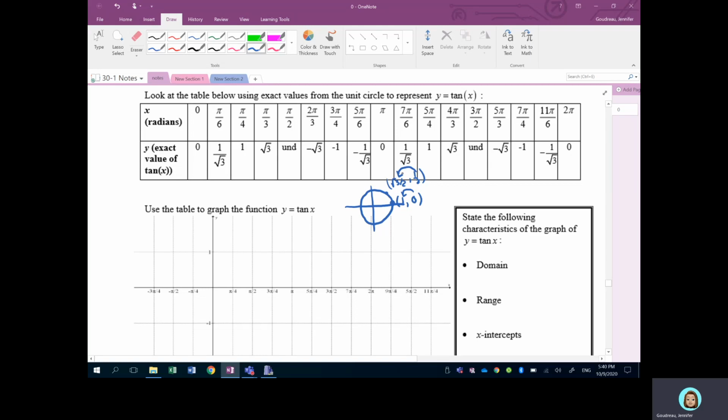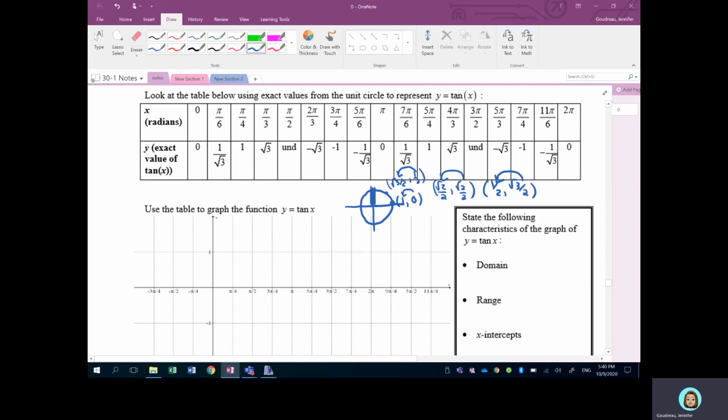At pi over 4, we're at root 2 over 2 and root 2 over 2. So y over x is going to give us 1. At pi over 3, our coordinates are 1 over 2, root 3 over 2. Y over x is going to reduce to root 3. Now we're up here at pi over 2, and at pi over 2, we're undefined.